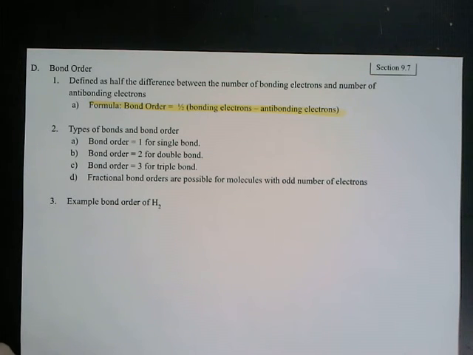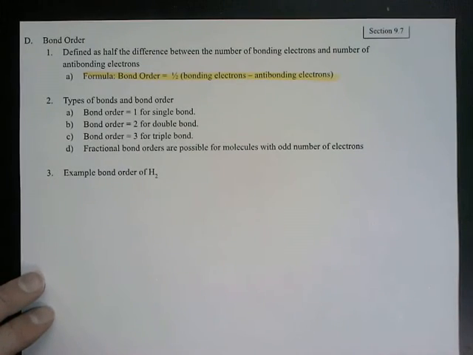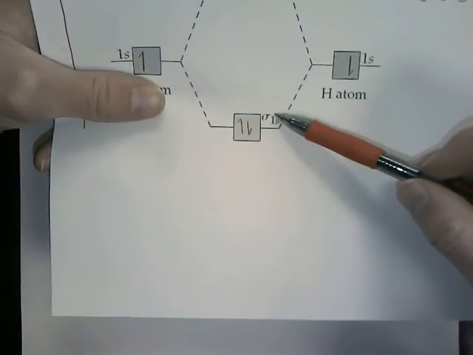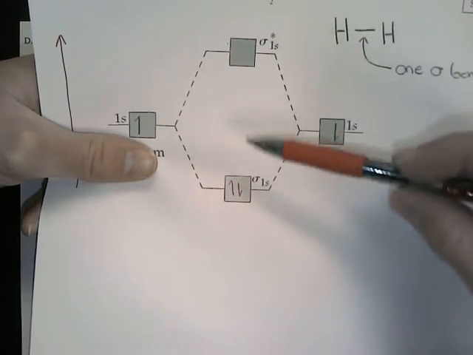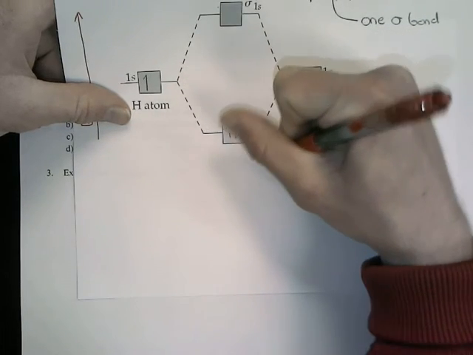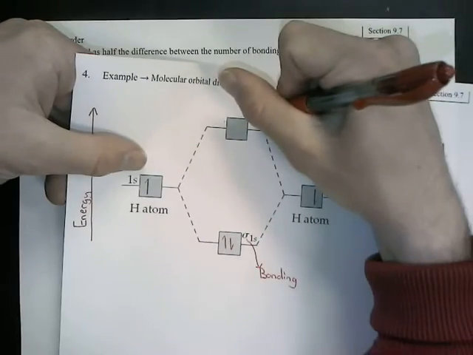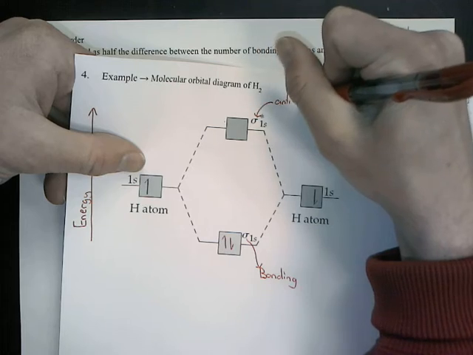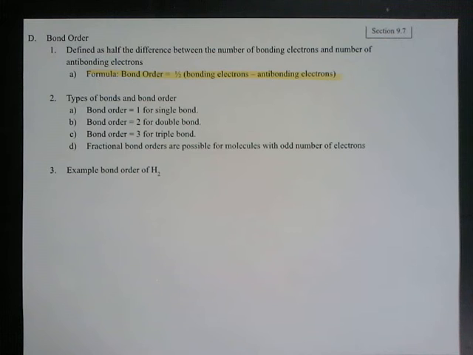We just got done with our example of hydrogen, H2, and I should have pointed something out: on here we had a sigma, and we call this sigma star. This one is your bonding, and sigma star is your anti-bonding. And so this can be used for finding our bond order.